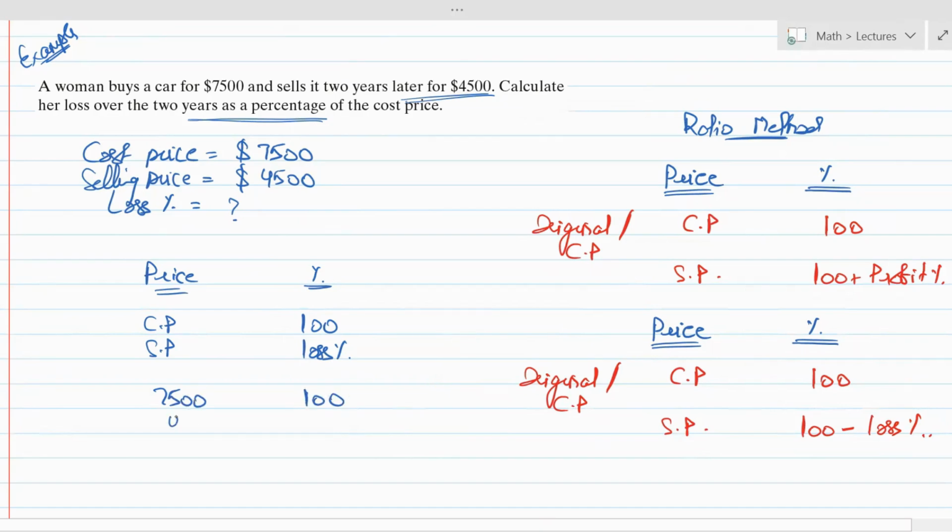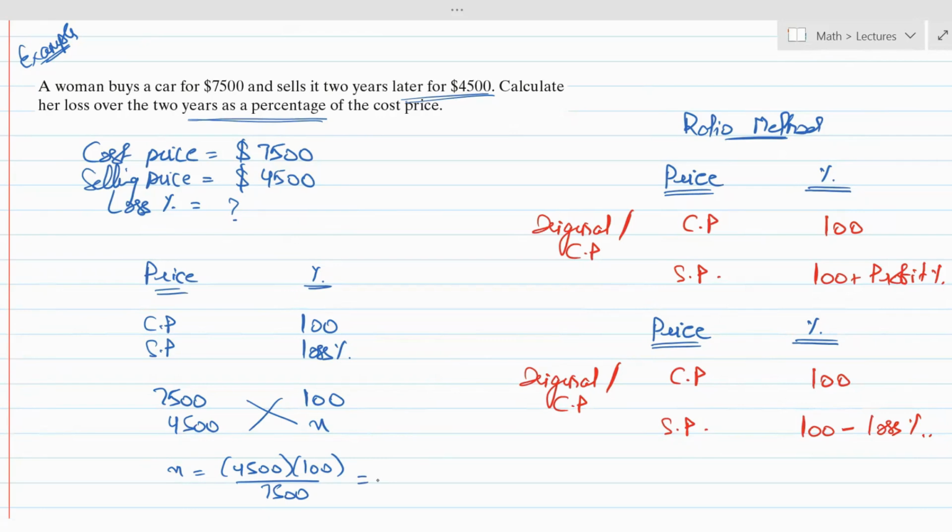Selling price is 4,500, which is to be against X. So solving it further, we'll have the equation X is equal to 4,500 into 100 divided by 7,500. We're getting this as 60.